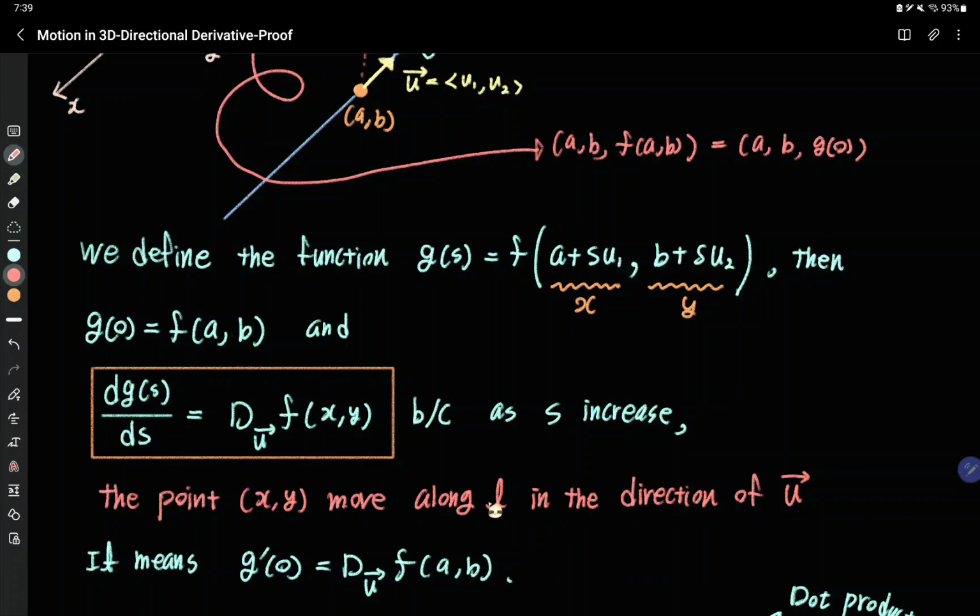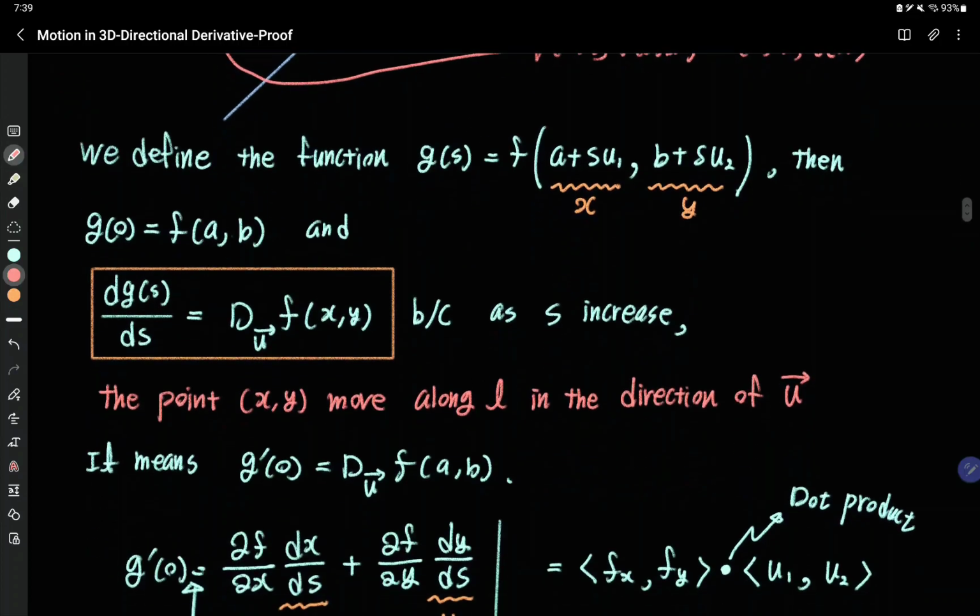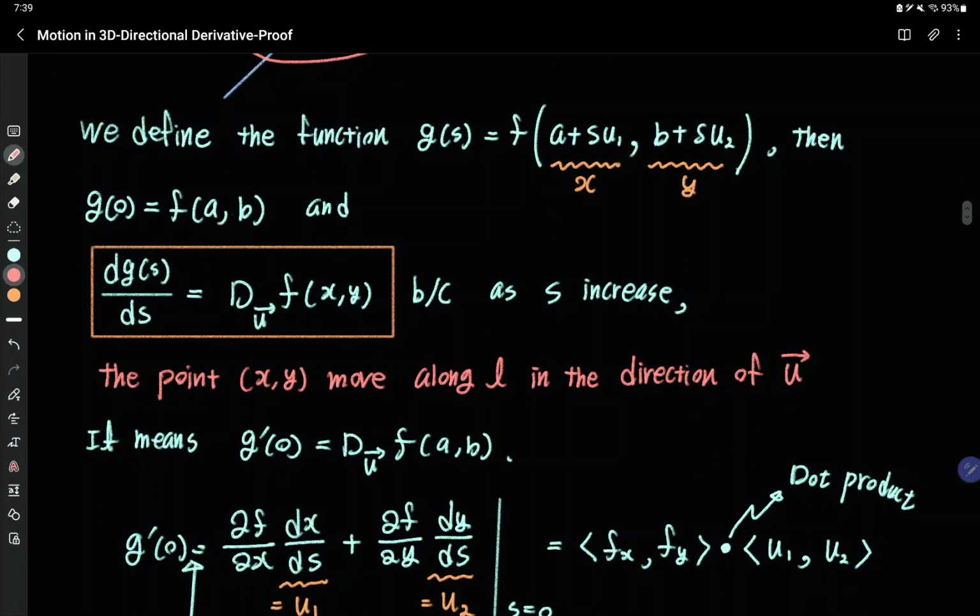So g'(0) is equal to the directional derivative of f along the vector u at (a, b).